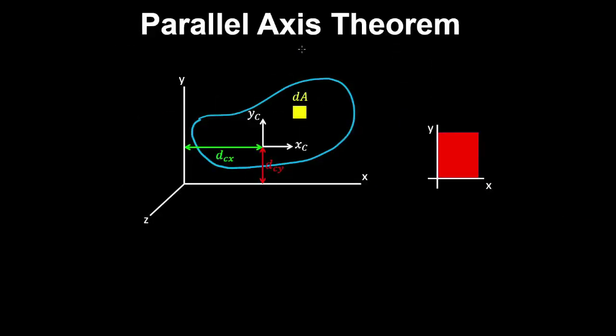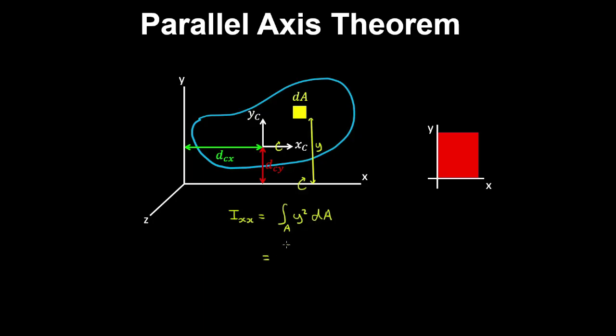We can use the parallel axis theorem to determine a second moment of area about an arbitrary axis, using the known second moment of area about the centroidal axis. Now recall that the second moment of area about an axis x was the integral of the squared distance to the differential area over the area of the section.